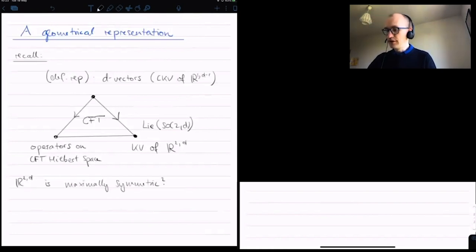Okay, so let us ask the question: is this conformal algebra really all there is in terms of symmetries of R^{2,d}? We know that our beloved conformal algebra here acts on R^{2,d} as Killing vectors, but is it really all there is in terms of Killing vectors? The answer, I can anticipate, is no. But let's see how to work that out.